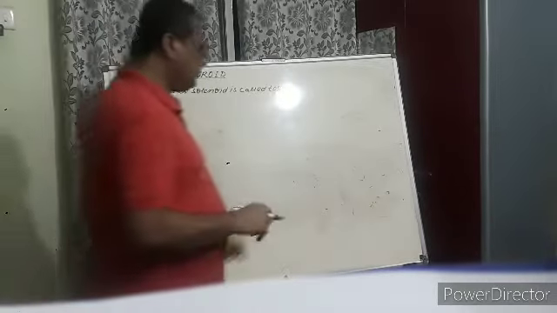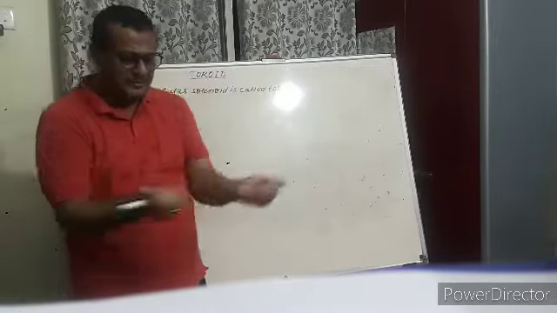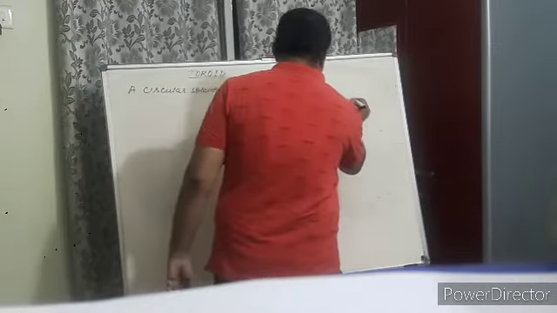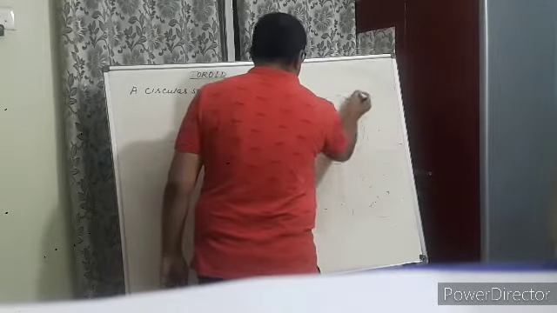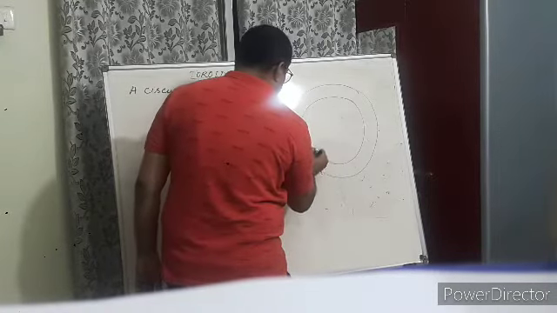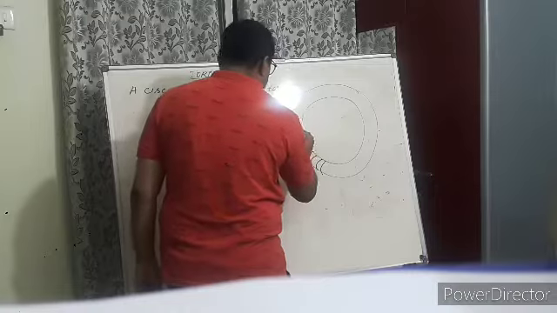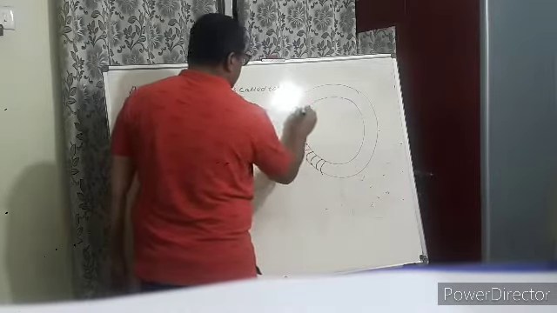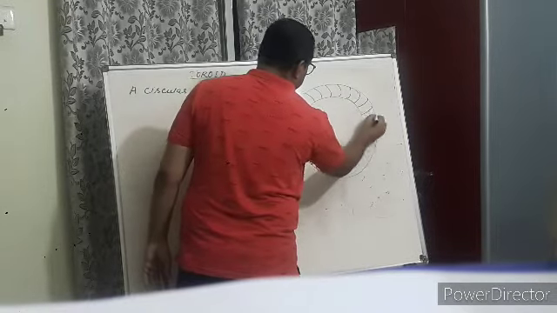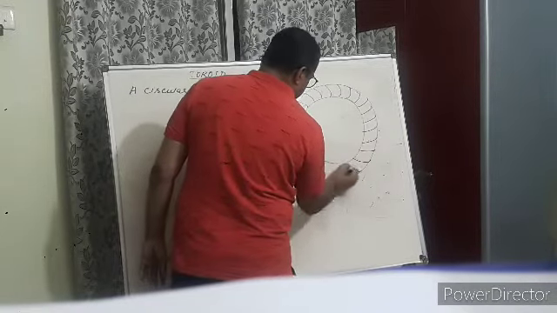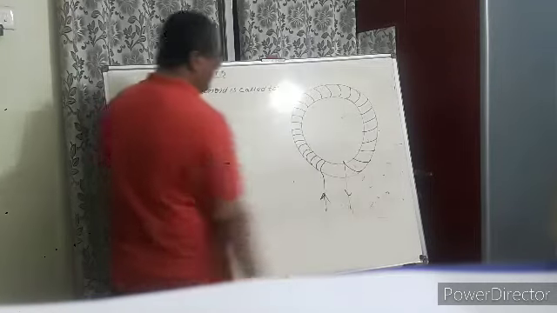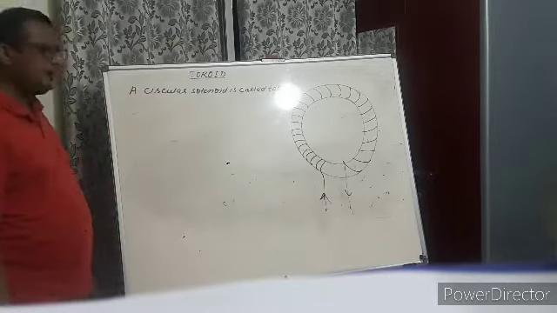Circular solenoid means this is the solenoid, just bend this one and join the end points to each other, on which wires are wrapped. This is the circular solenoid.